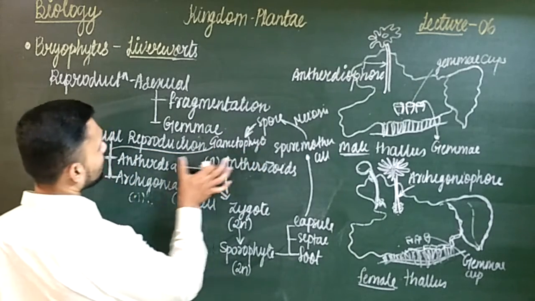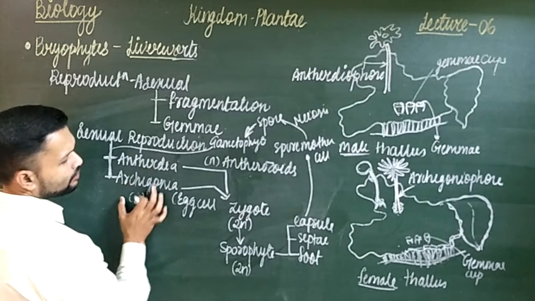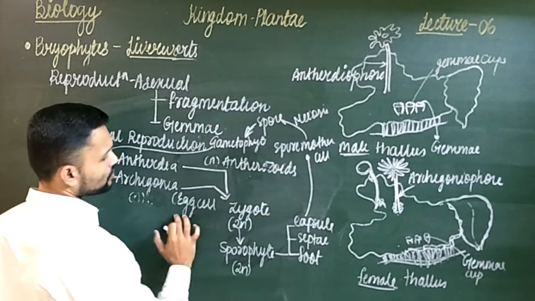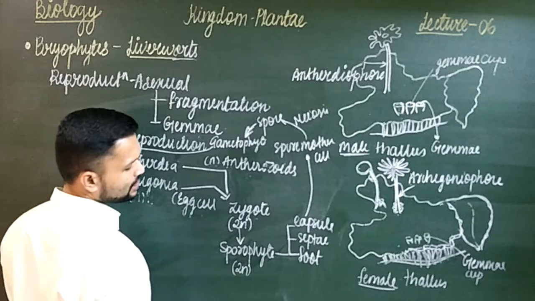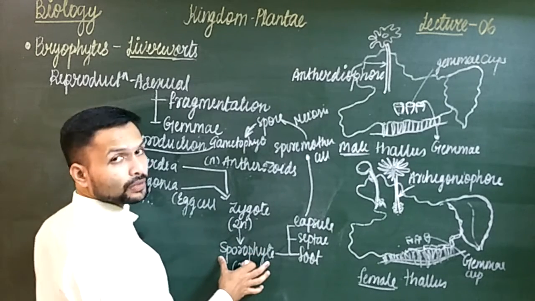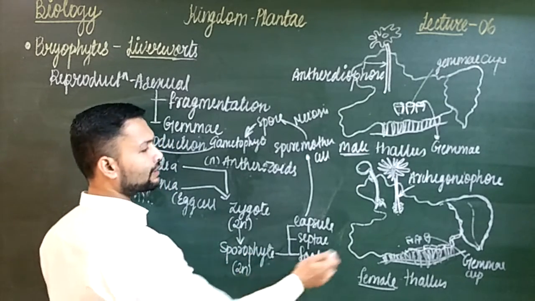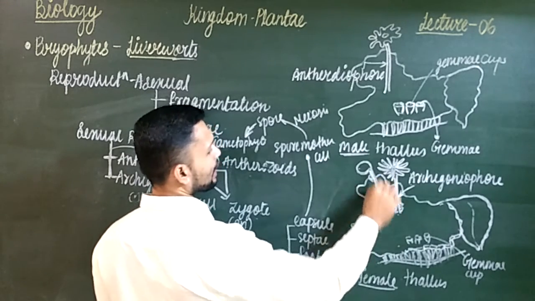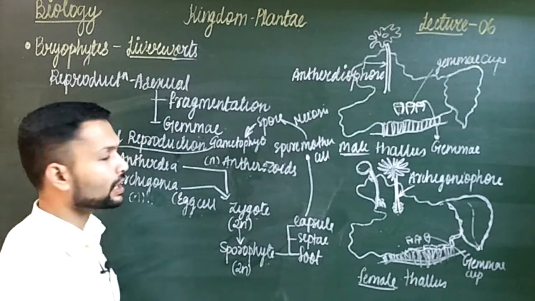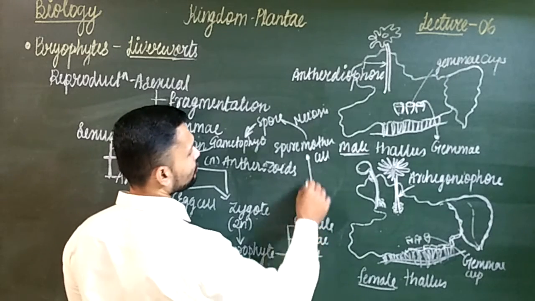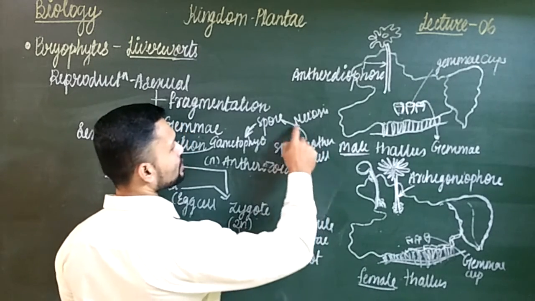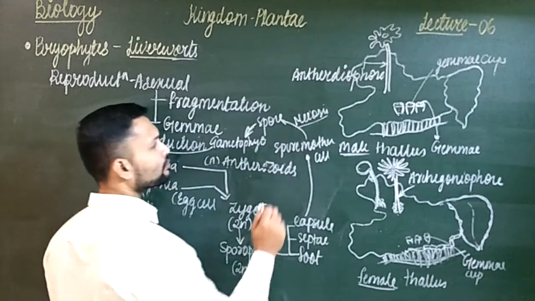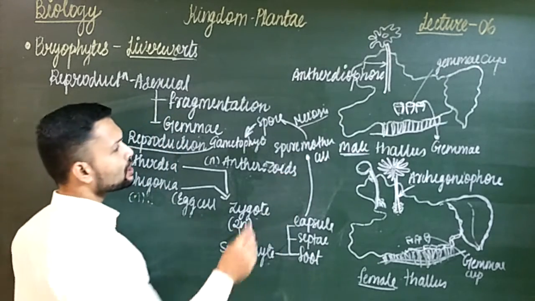The gametophyte will produce antheridia and archegonium. They will produce antherozoids and egg cells, which will fuse to form the zygote. Zygote will form the sporophyte. Sporophyte develops on the plant itself, which has a foot, a seta and a capsule. Capsule will bear spore mother cells, which go under meiosis to form spores.